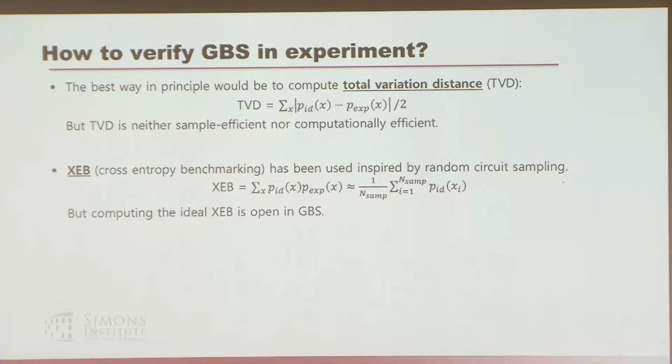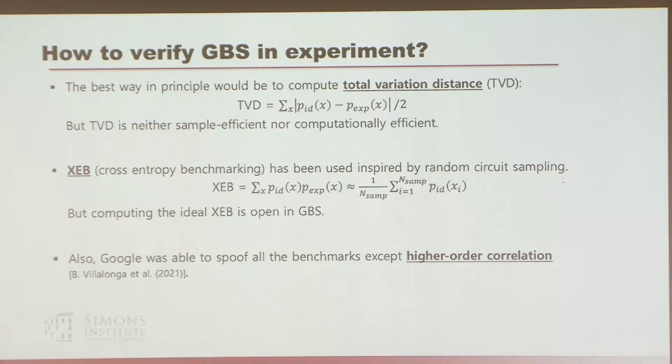This is still open. So they still use this to compare with scores of other classical algorithms, but this is not the way people use it in RCS. So they typically compute really many different quantities to confirm that their experiments are good enough.